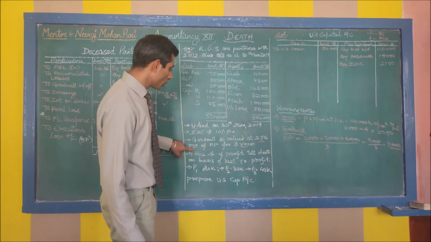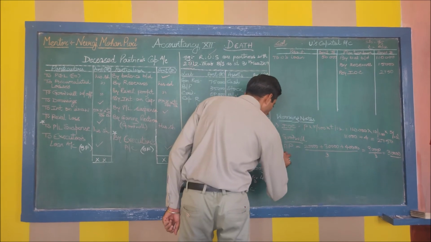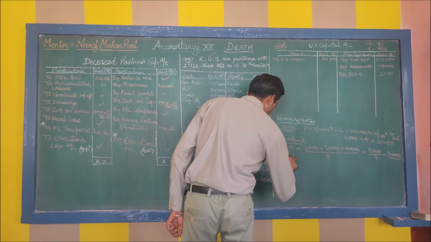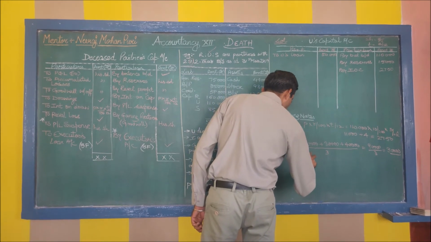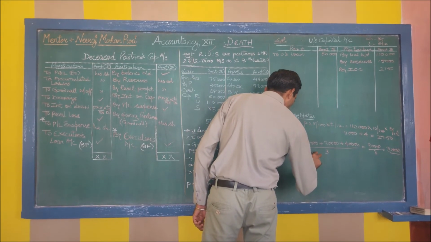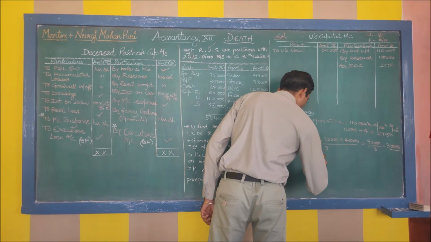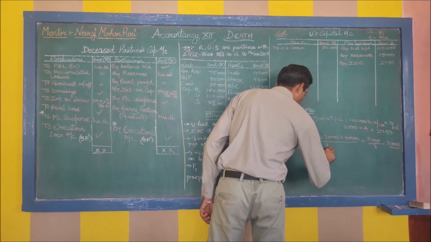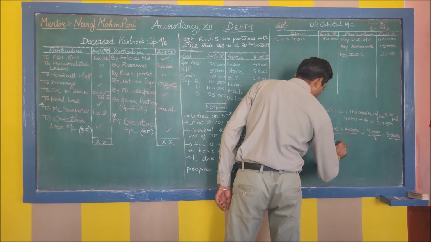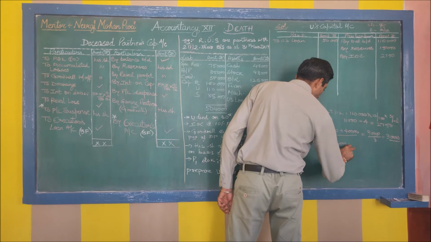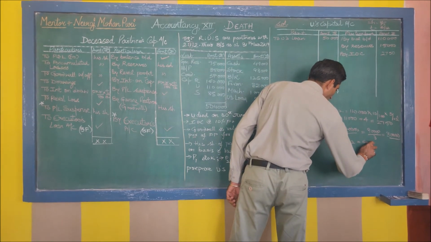Next step, it is to be at 2 years purchase. Therefore, goodwill is equal to average profit multiplied by 2 years purchase. This implies 30,000 multiplied by 2 is equal to 60,000.